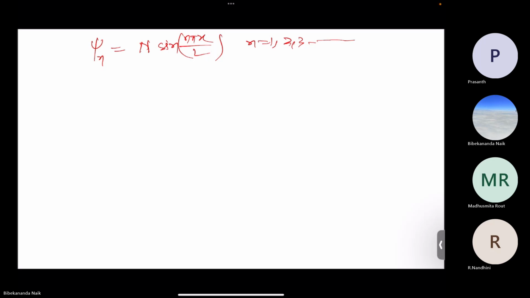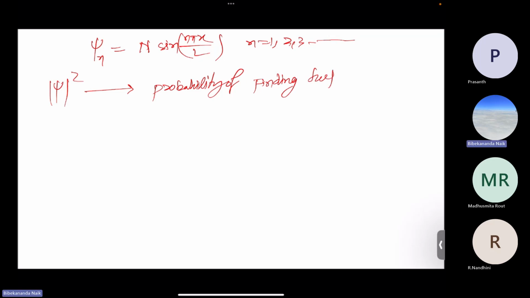Normalization means, we know the wave function basically signifies the probability of the particle, and psi mod square gives the probability of finding the particle.